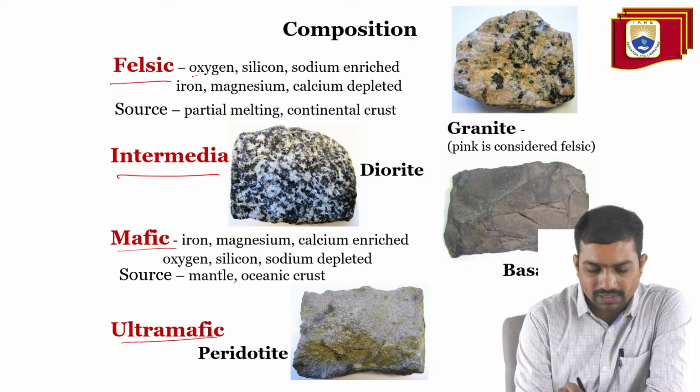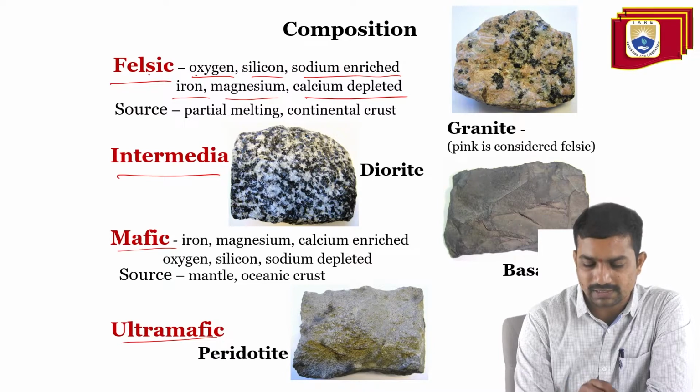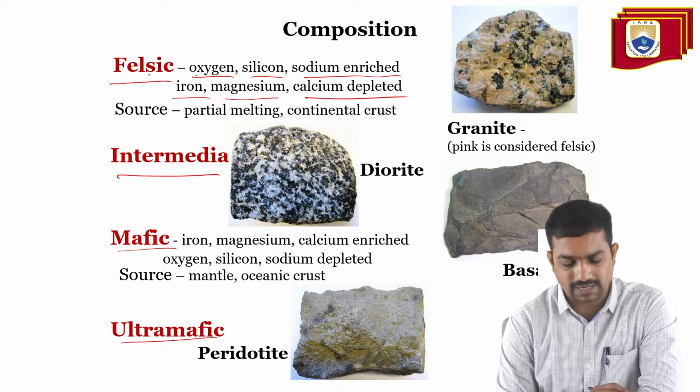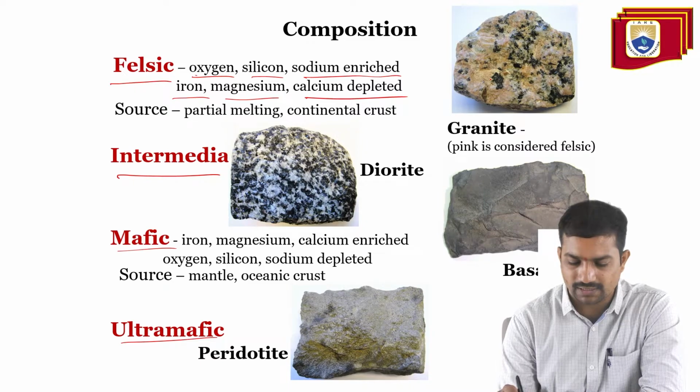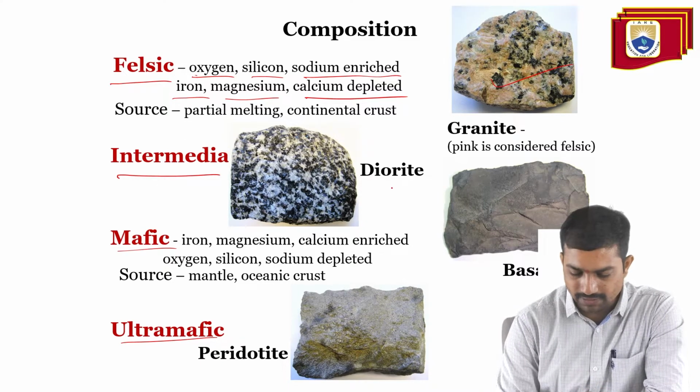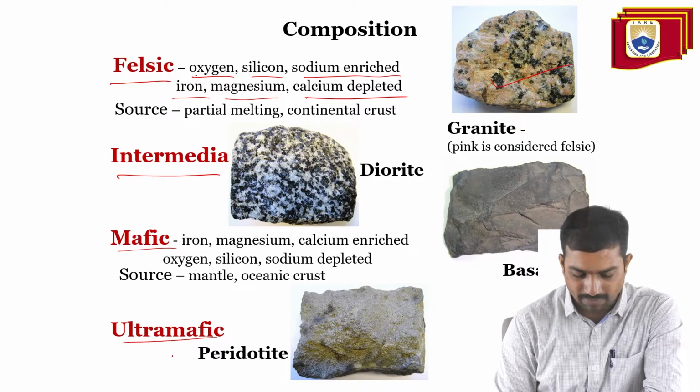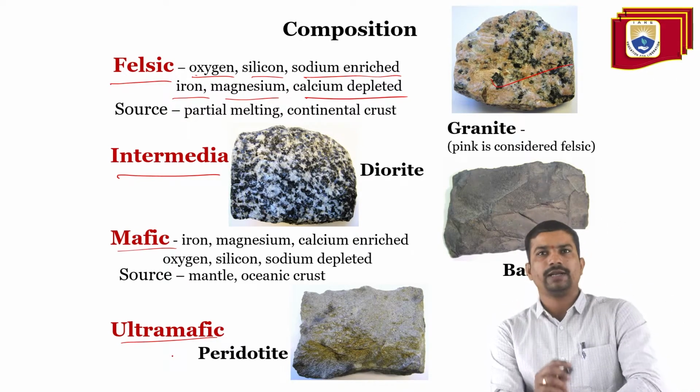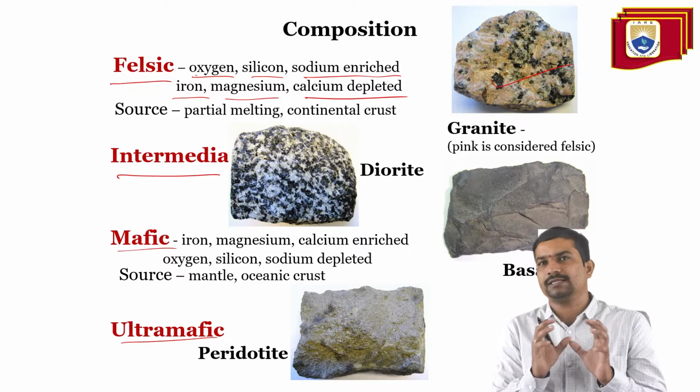So the availability of oxygen, silicon, sodium is enriched, and iron, magnesium, calcium are depleted. So this particular material is a felsic type of rock. Example, it is a granite. So intermediate is diorite, mafic is basalt, and ultramafic is peridotite. So it all depends on the arrangement.